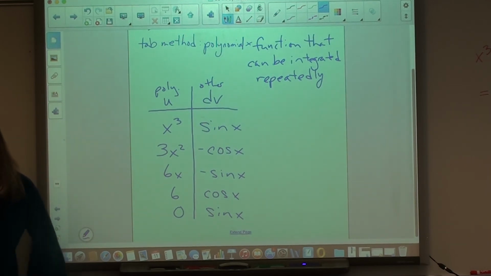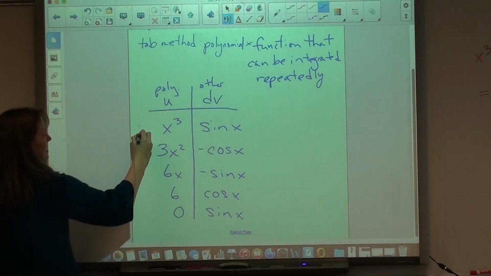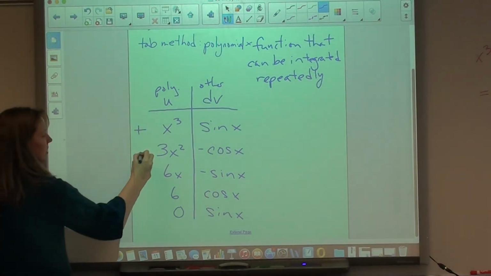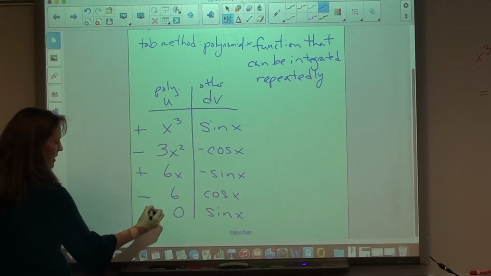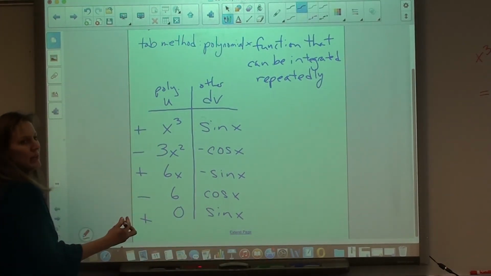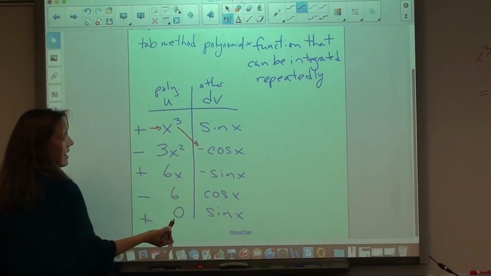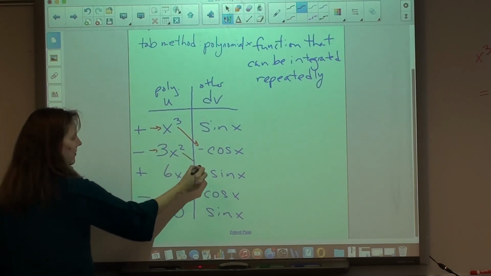Okay, there's one last step. You have to alternate these signs. So you start with positive, negative, positive, negative, positive. Your answer is the sign times this times that. You go diagonally down.